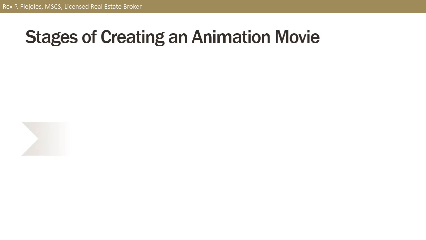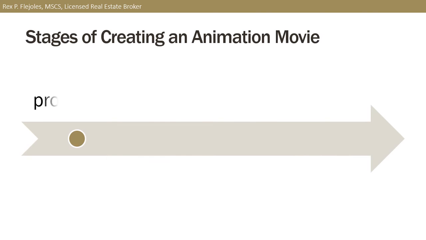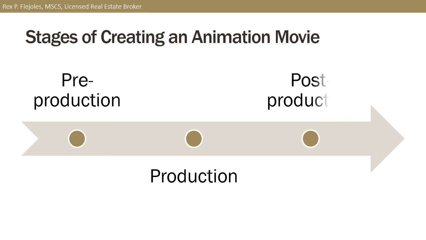Creating an animation movie is comprised of three stages: pre-production, production, and post-production. During the pre-production, you make decisions that dictate how the results of the production come together.